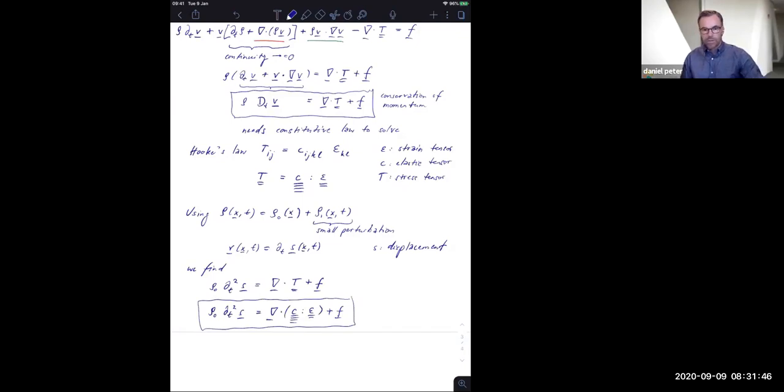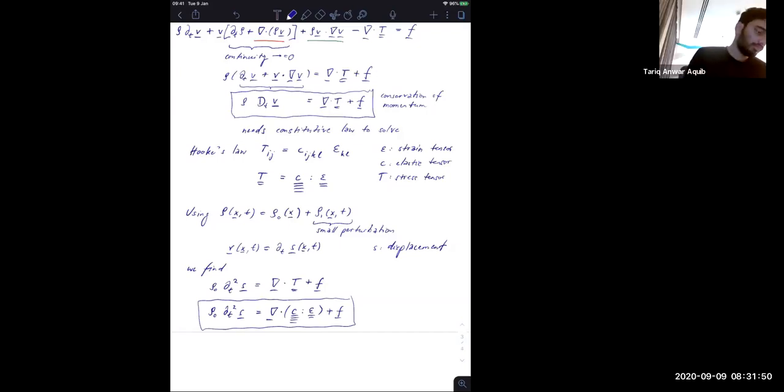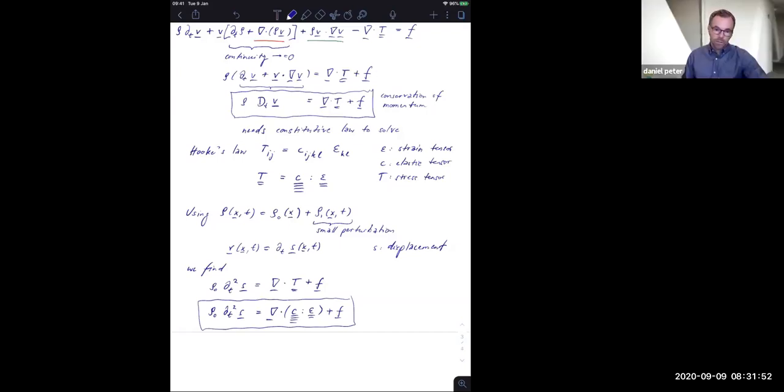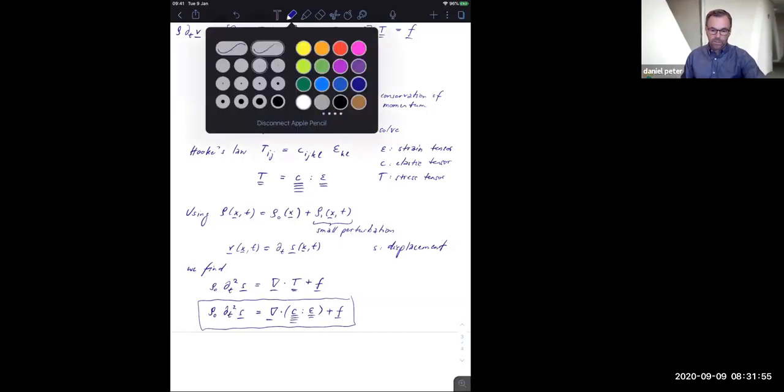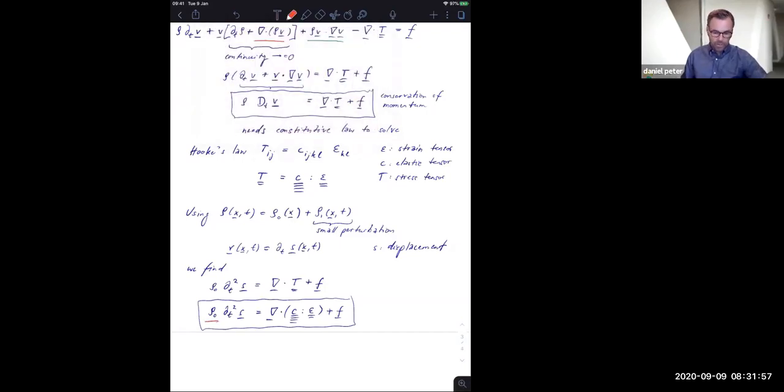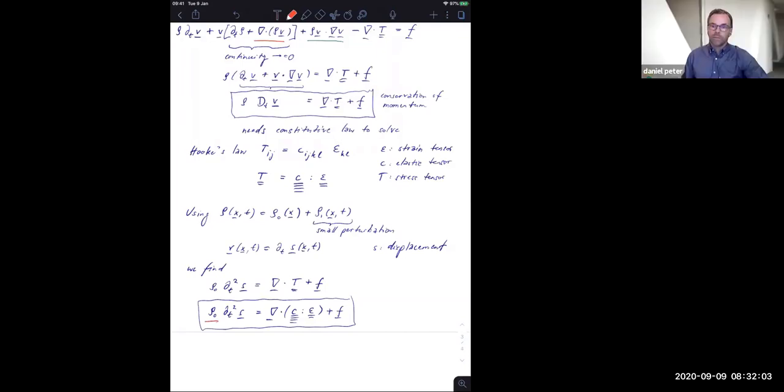And these are the so-called equations of motion. What we did is we linearized around rho 0, a density which doesn't change with time.